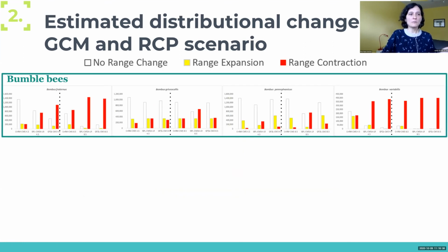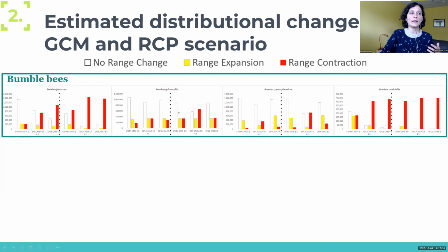So here are the bumblebees. And just quickly looking at the graphs, I hope you notice that the far left and far right have higher range contractions, especially in the 8.5 emission scenario, whereas the middle two species are not projected to experience such high range contraction.